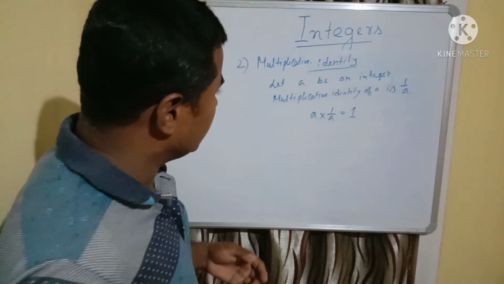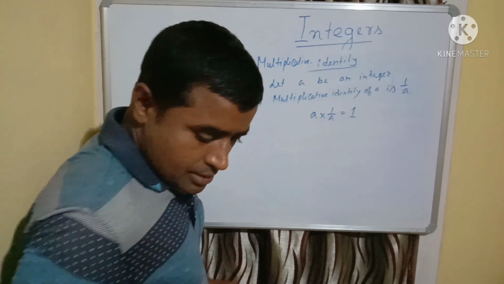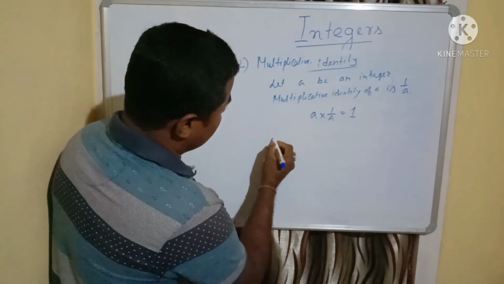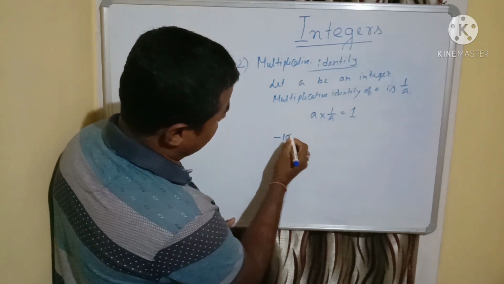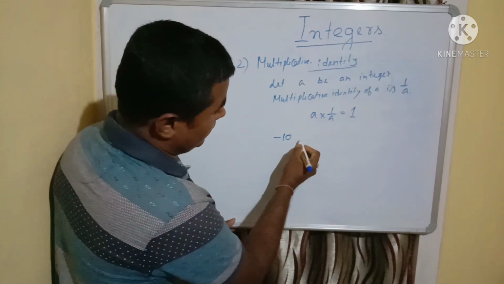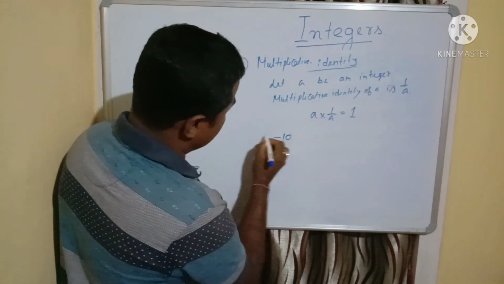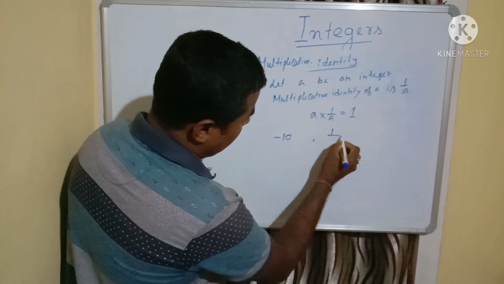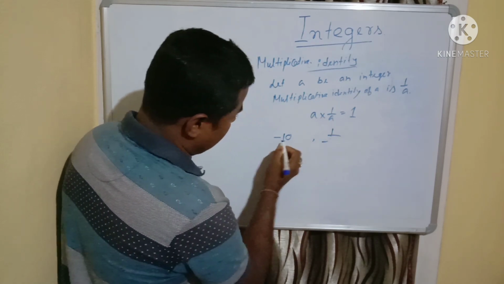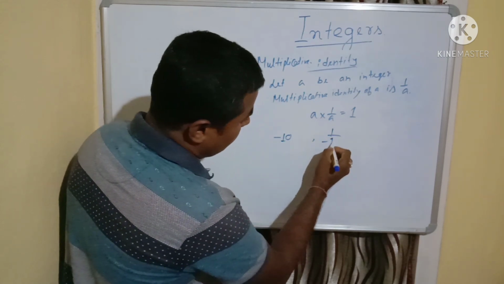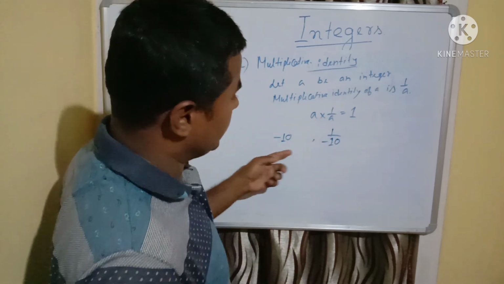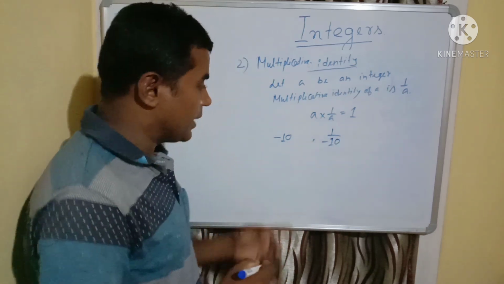So take some examples. Multiplicative identity of minus 10 is 1 by minus 10.